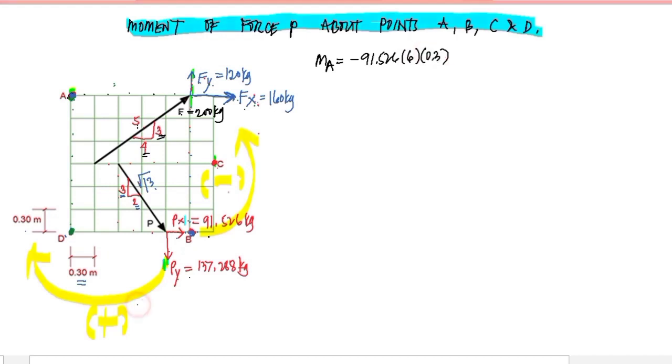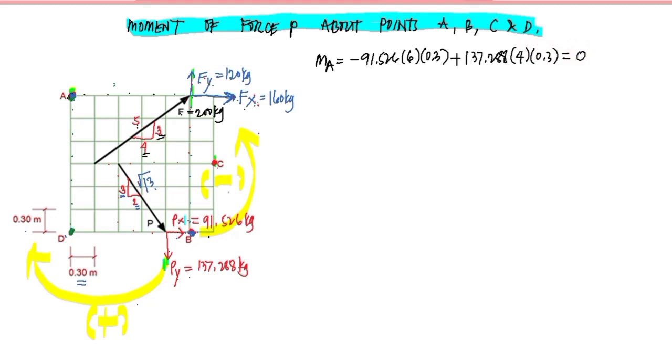Then, the Py here will rotate clockwise, so it's positive. Py is 137.288 multiplied by the perpendicular distance. As you can see here, this is the line of action of Py, so therefore this is the perpendicular distance to point A, and it's 1, 2, 3, 4 blocks. So that's 4 blocks of 0.3. And computing for this, so we have the moment at point A is equal to 0.